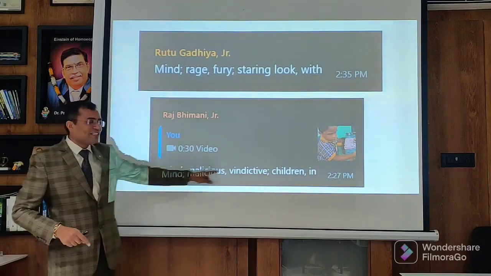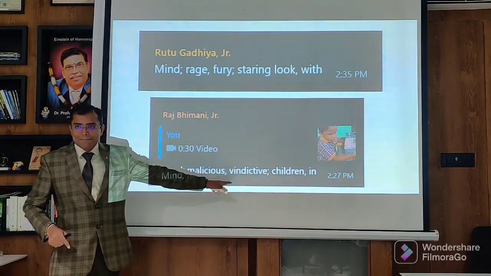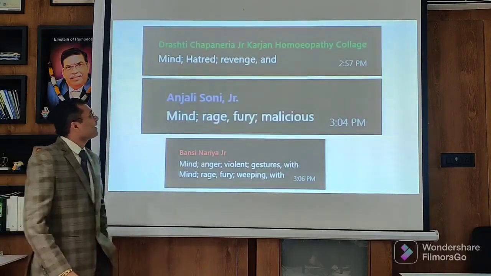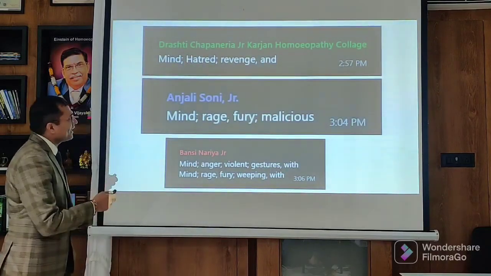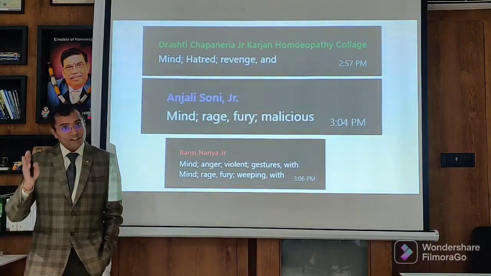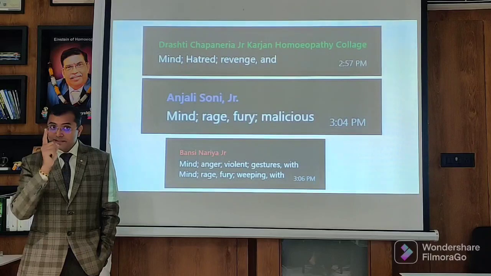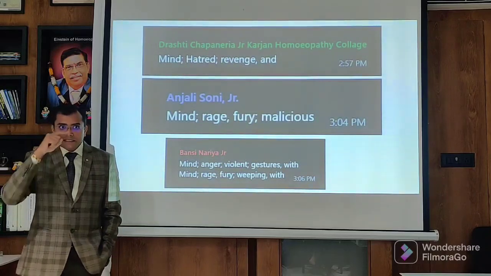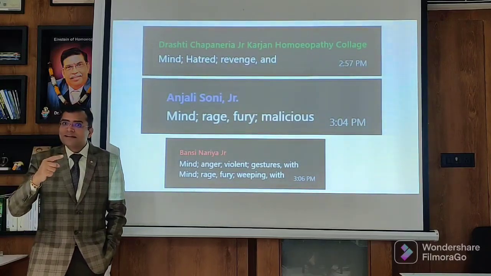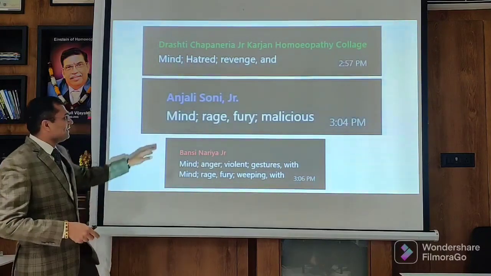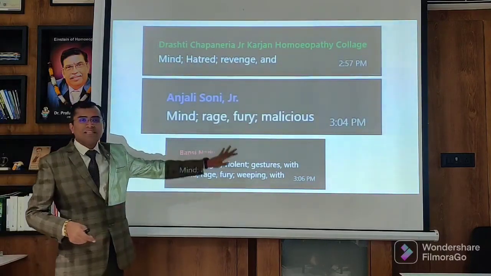That means he has something in the mind. Dr. Drashti has said hatred and revenge. That is very important. He wants to take revenge. Dr. Anjali says rage, fury and malicious.